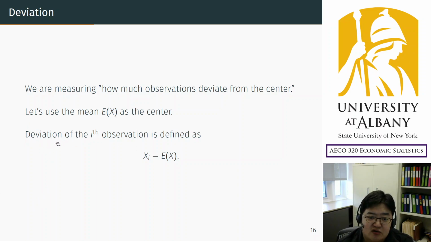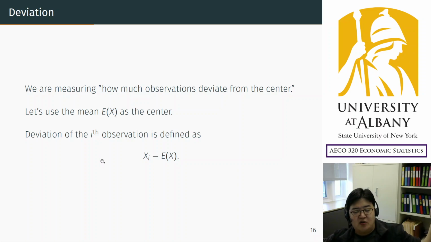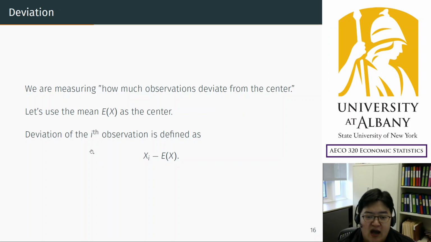The deviation for an observation, say the ith observation, where, if you have n observations, i can be any number between 1 and n, is simply the difference between the observation and the center, the mean. I'm going to call the mean the center for now. So this is defined as the deviation.